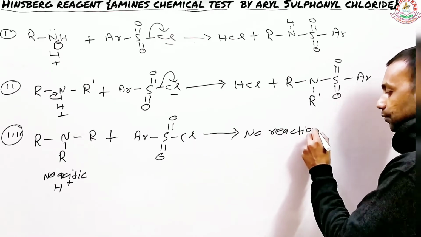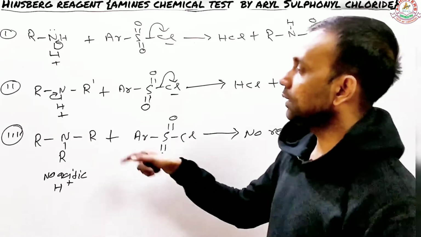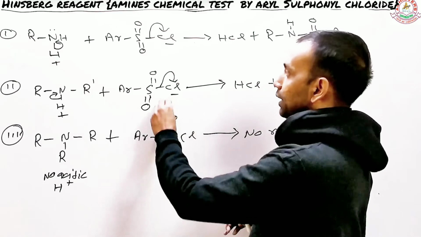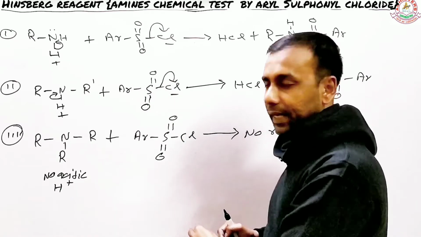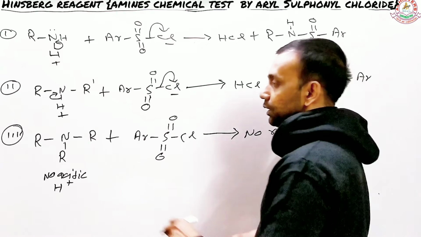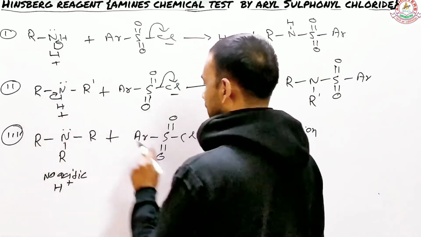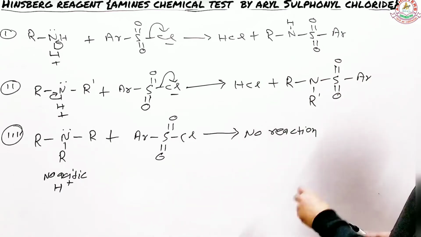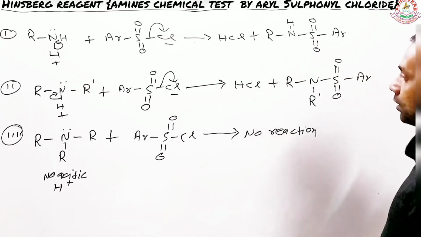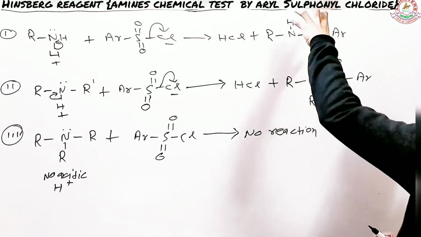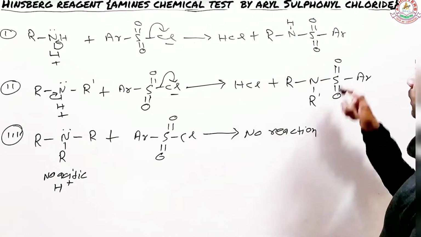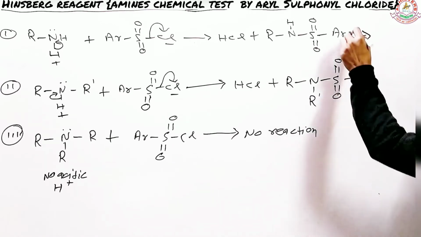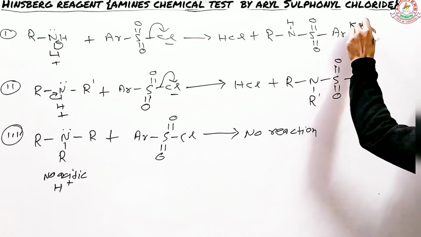So you see that 1 degree, 2 degree and 3 degree amines react in an absolutely different manner with the Hinsberg reagent, where the tertiary one doesn't even react. This is the difference. Now let me come back to 1 degree and 2 degree. In the first case, the compound formed is dissolved in a basic solution like KOH.